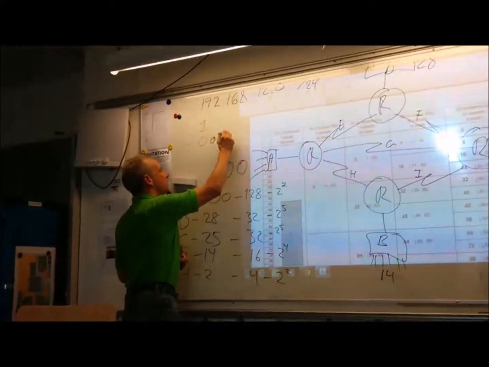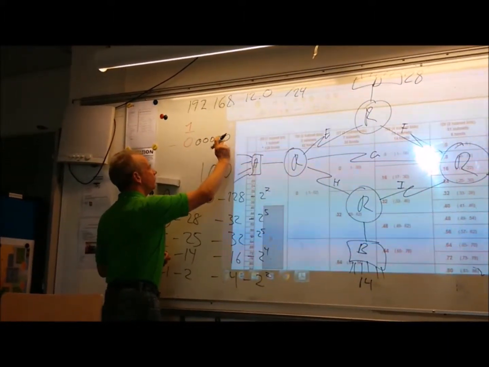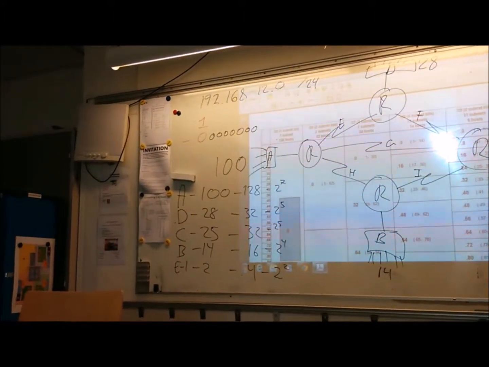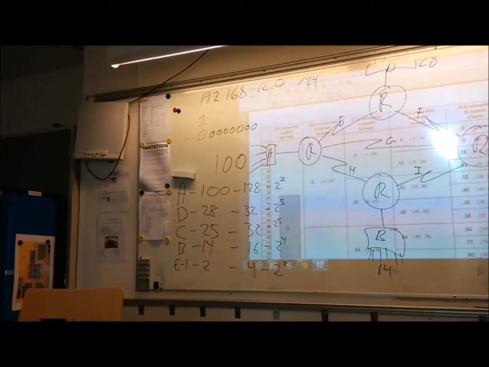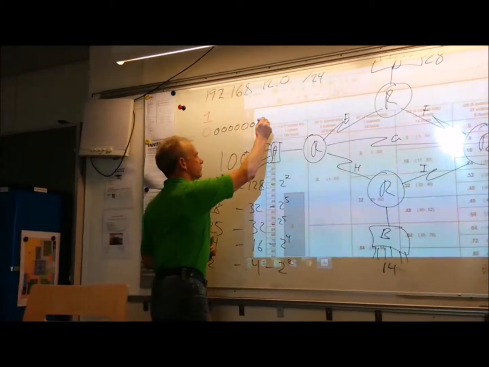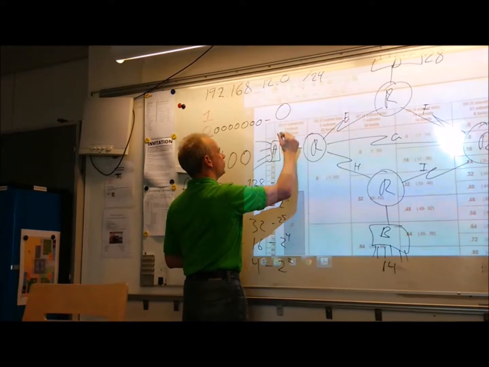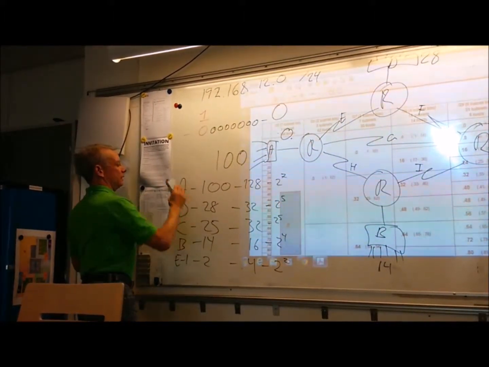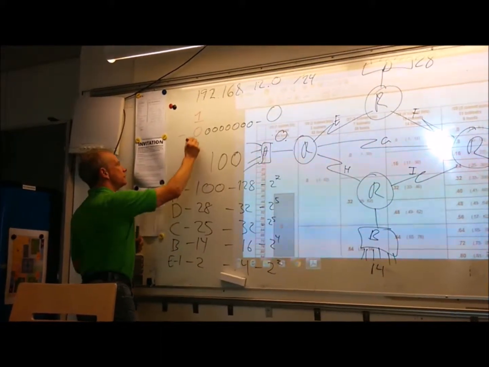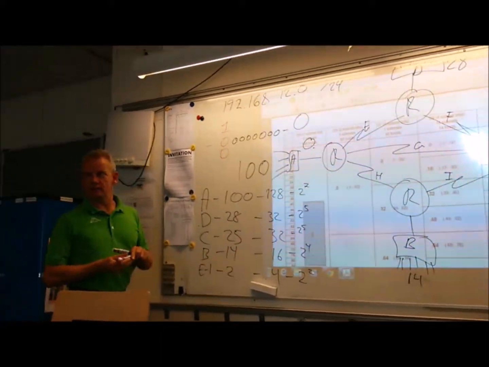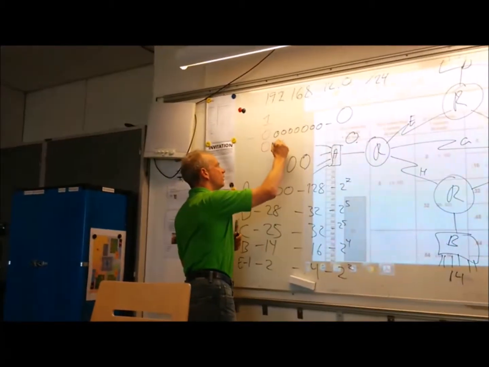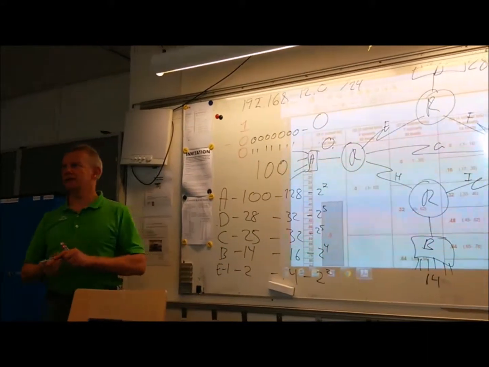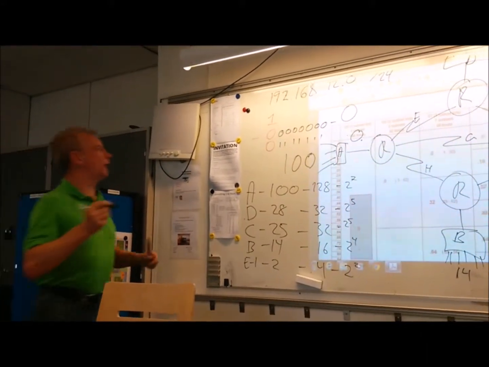So the network address of that network equals 0. A network starts on 0. It ends on, subnet bit has to be the same, all your host bits are 1s. That is your broadcast address of that network, 127.